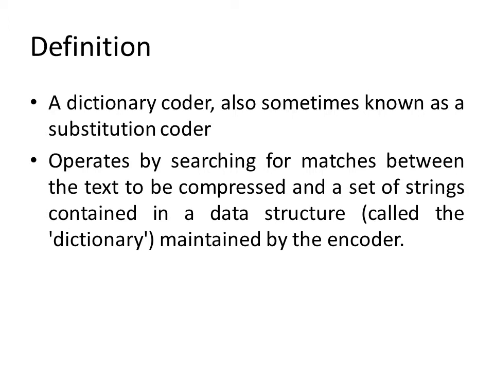If such a string of symbols is found, a pointer or an index into the dictionary can be put instead of the code for each symbol. This is how it strives for compression. The idea here is that the longer the string, the better the compression ratio.